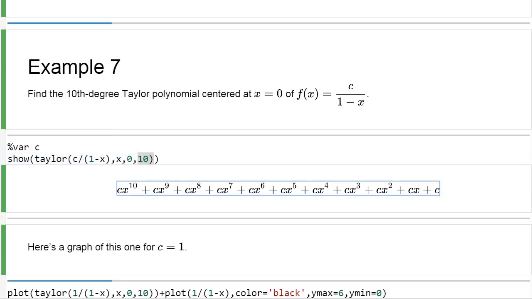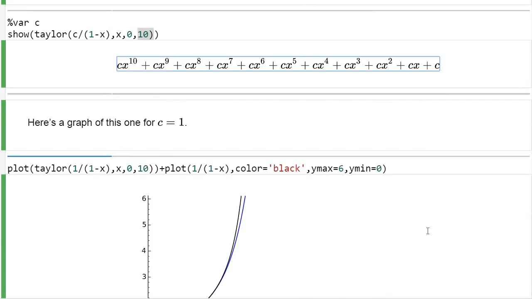Remember, the Taylor series for this function is the geometric series. So this is a partial sum of the geometric series, where the constant is the first term, and x is the common ratio.